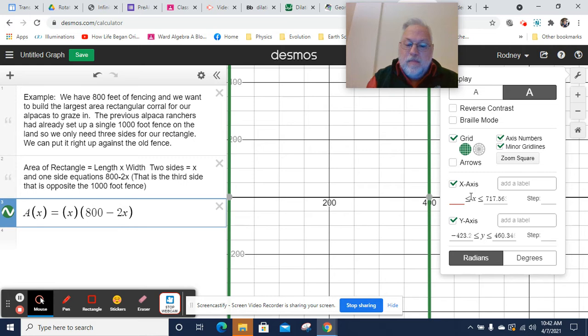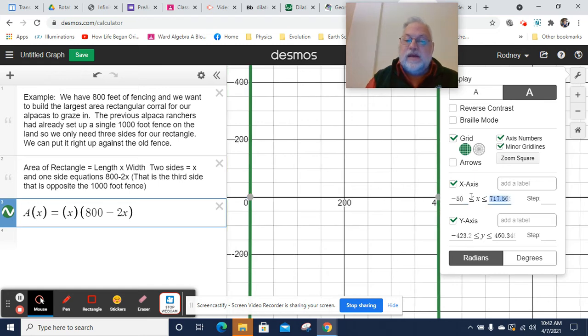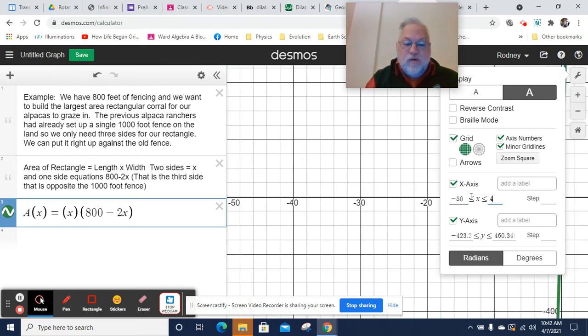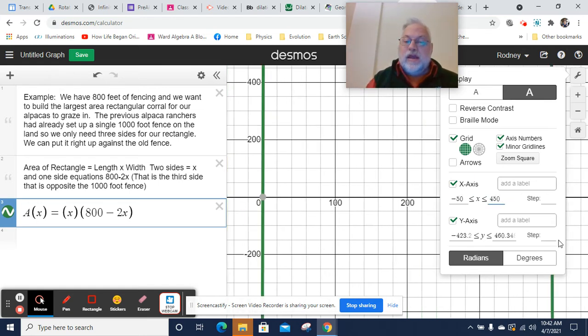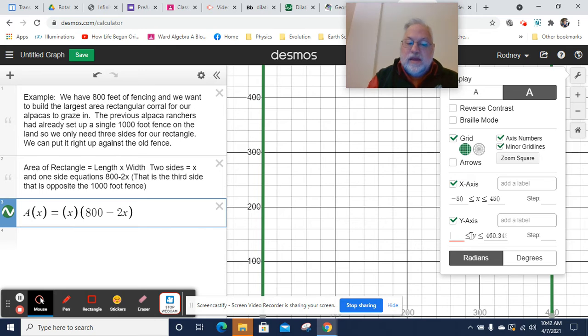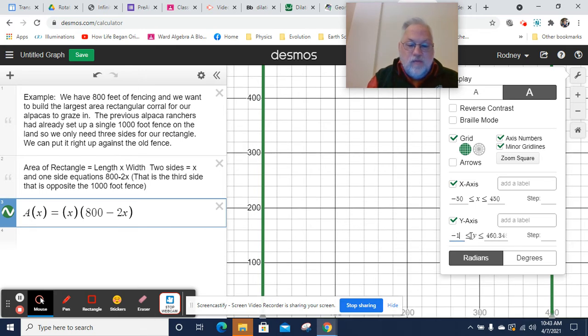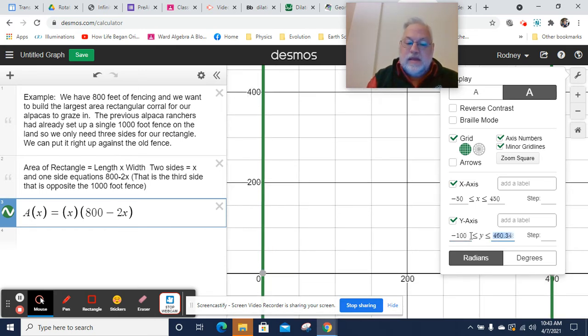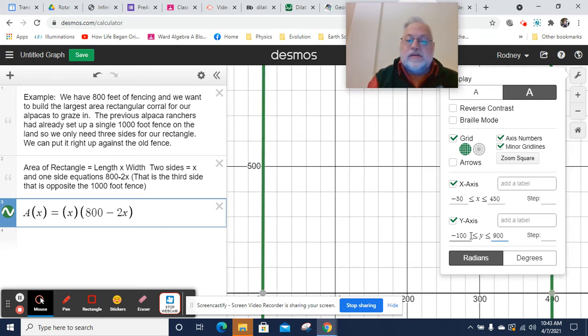So let's say minus 50 on the left, and over here we'll say 450. Those are our left and right sides, our x-intercepts. Now let's make this negative 100 and make this 900 and see how that goes.